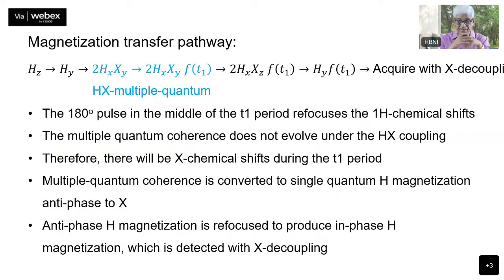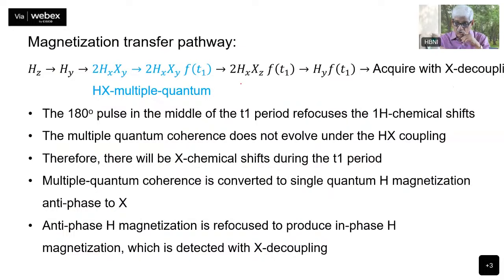Okay, now this is explicitly written down here. Magnetization transfer pathway. You can appreciate these statements after I explained what had happened there before. HZ goes to HY. The HY evolves under the coupling to produce 2HXXY, and then this remains 2HXXY, acquires this evolution coefficient FT1 because of the evolution under T1, and then this is transferred to 2HXXZ after that last 90-degree pulse.